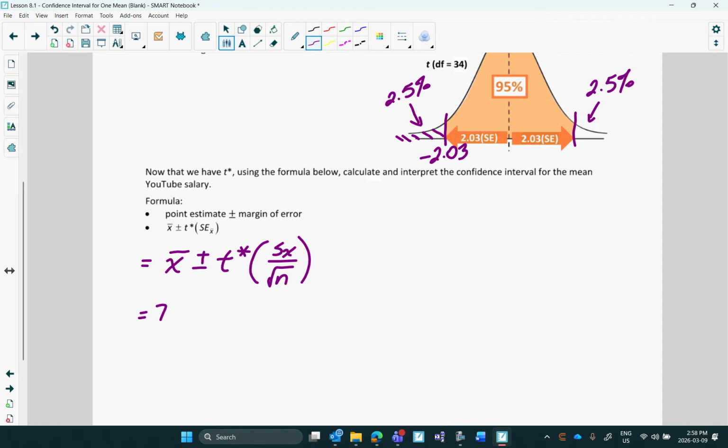So our sample mean was 70,106, plus or minus, instead of 1.96, we use 2.03 to account for the greater uncertainty, times the standard error of 82,188 divided by the square root of 35.